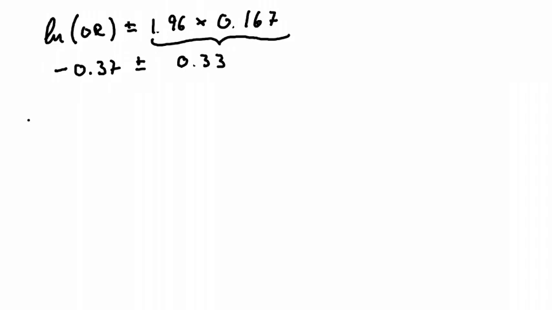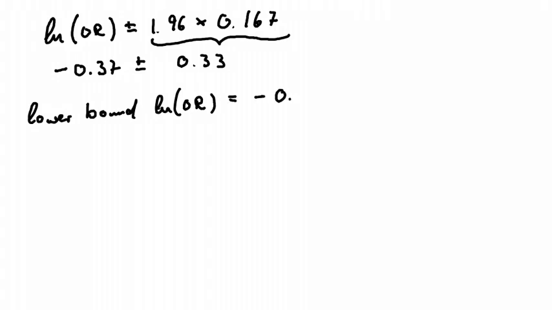The lower bound would be negative 0.37 minus 0.33, and that gives us negative 0.7.